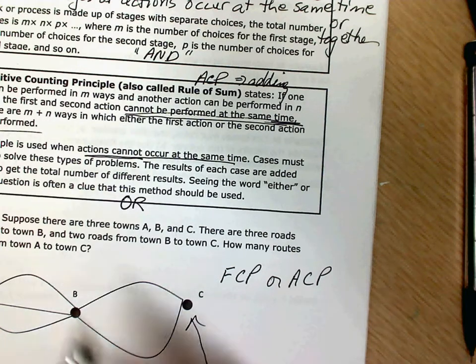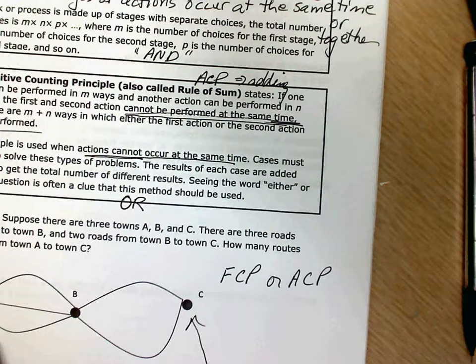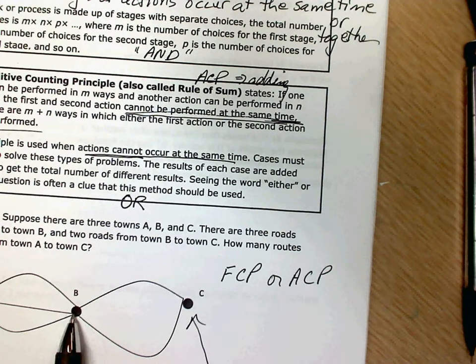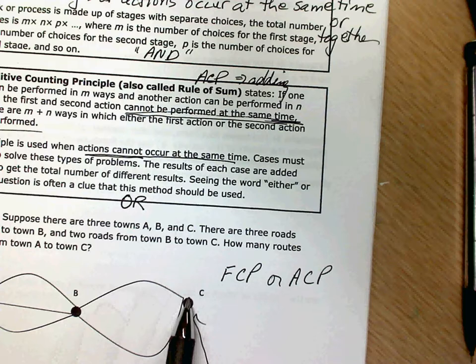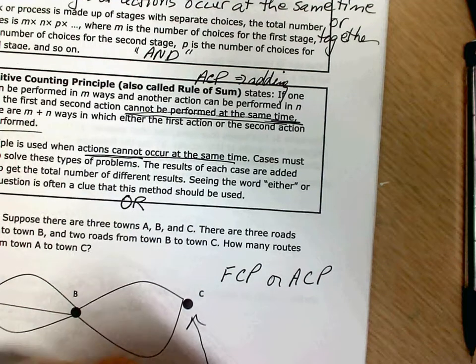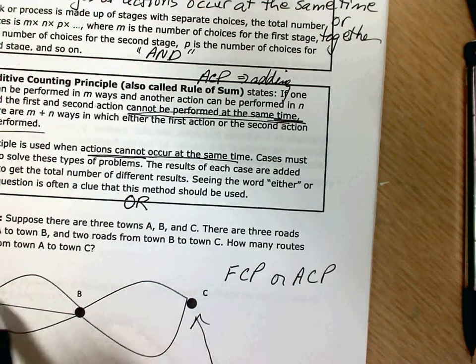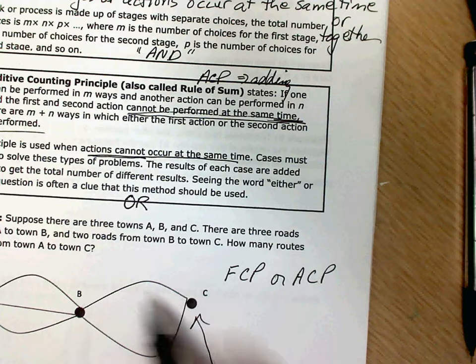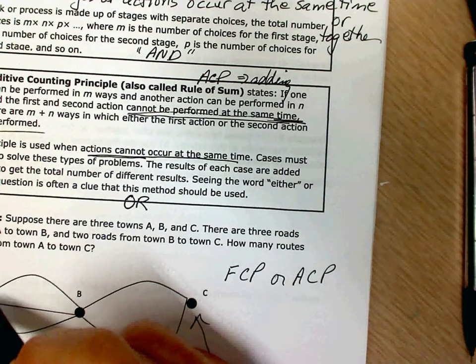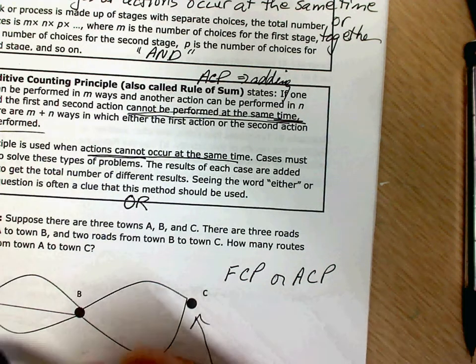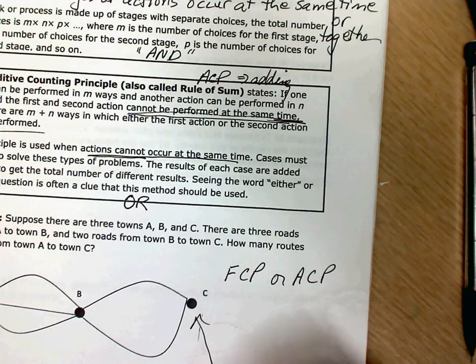Okay, because you're going from A to B and from B to C, right? Even though you have to go to B before you go to C, because we're really going from A to C, we consider this to be happening at the same time.